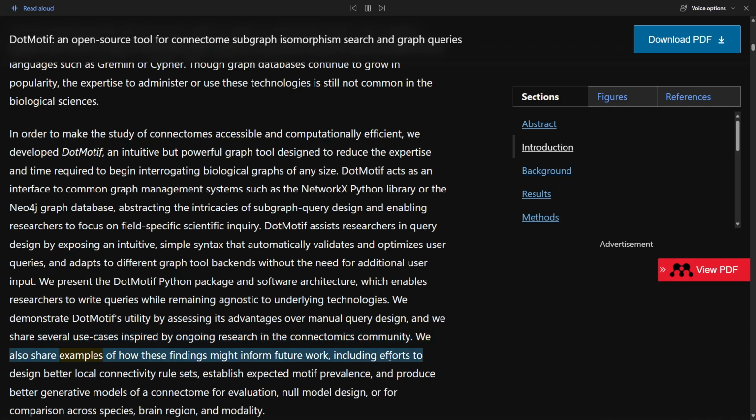We also share examples of how these findings might inform future work, including efforts to design better local connectivity rule sets, establish expected motif prevalence, and produce better generative models of a connectome for evaluation, null model design, or for comparison across species, brain region, and modality.